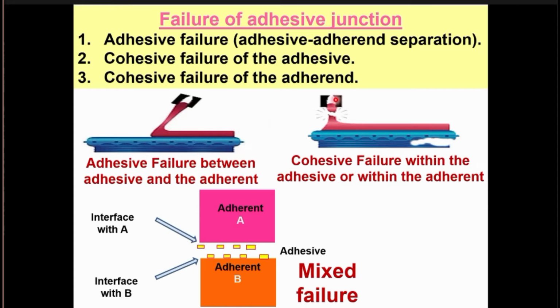While this is an example of cohesive failure, the bond is there, the adhesion is there, but the material fails within the material. And we might have mixed failure between two surfaces. For example, some of the adhesive material is broken and some of the adherent is broken. So most commonly, we might see this type of failure in dentistry.